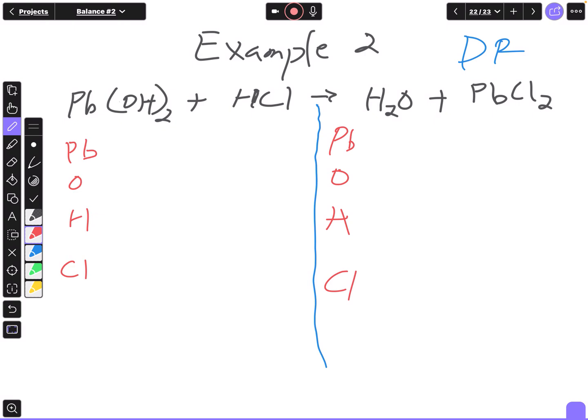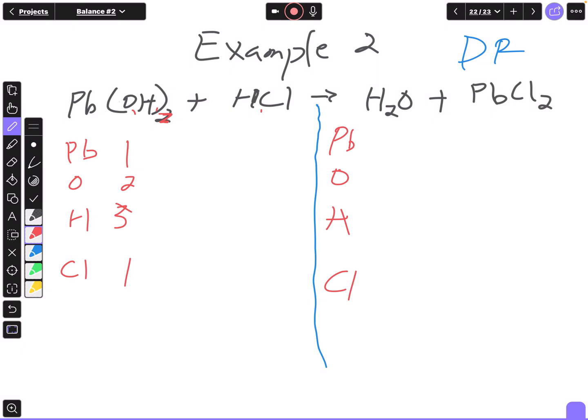On lead on the left, I have 1. Oxygen, I have this 1 times 2 on the outside, gives me 2 total. Hydrogen, I got 1 inside parentheses times 2. Then I got 1 more right here, so that's going to be a total of 3. They're separated. And chlorines, I just have 1 on the left.